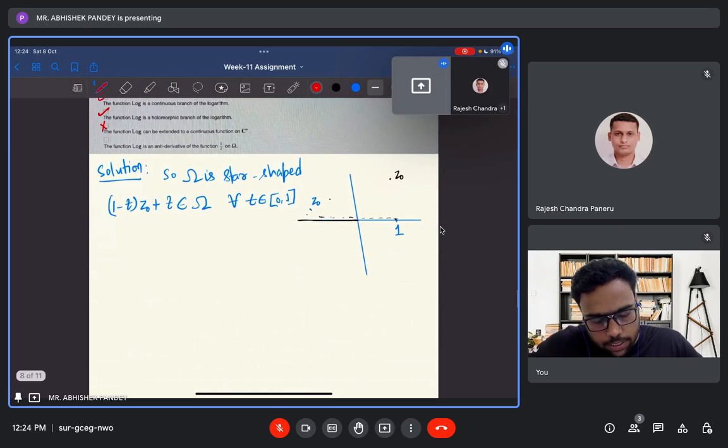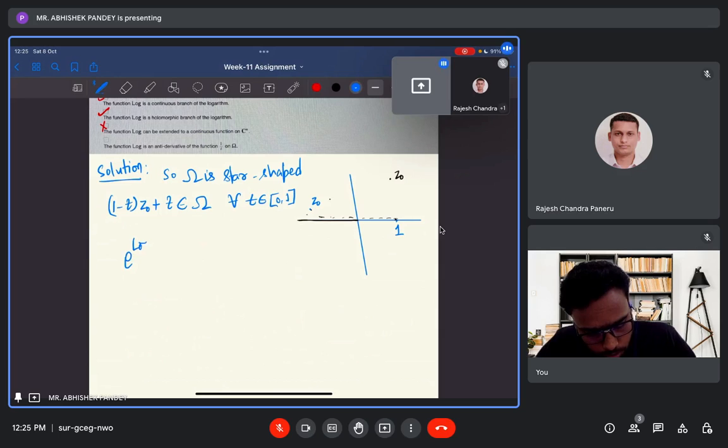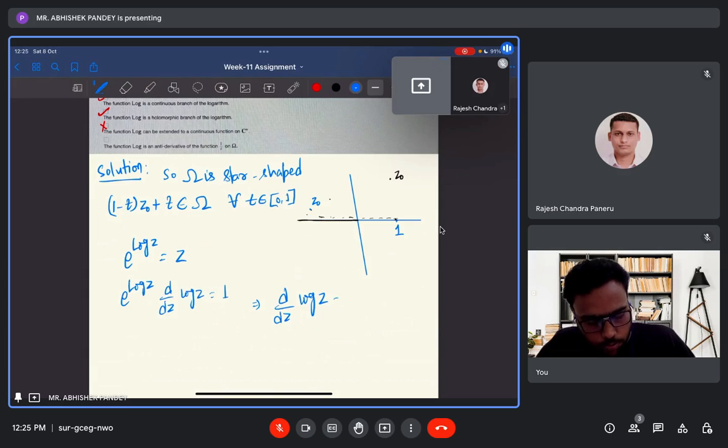The function log is an antiderivative of the function 1 by z on omega. This you can prove easily. Basically e to the power log z is z. Once you differentiate by chain rule, you get e to the power log z times d by dz of log z, which is 1. Since e to the power log z is z, d by dz of log z is 1 by z.